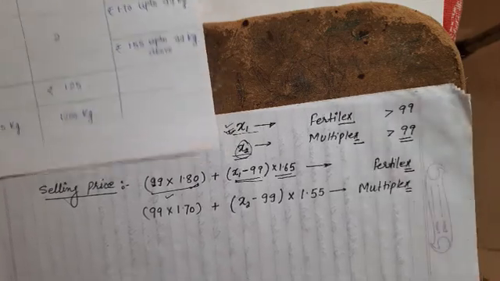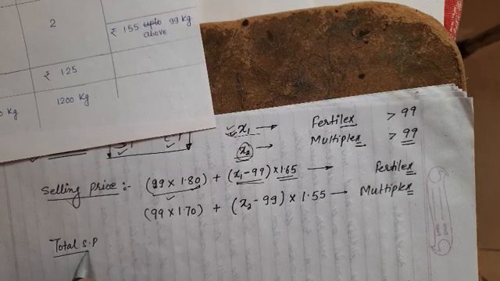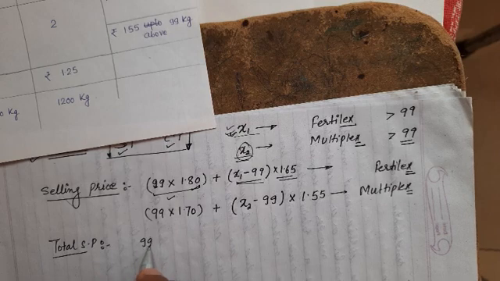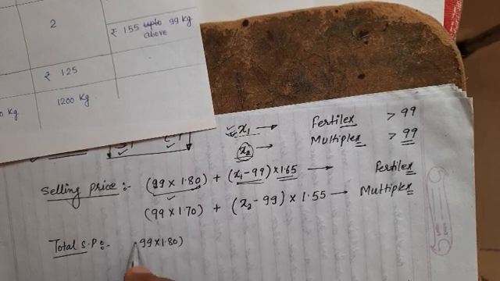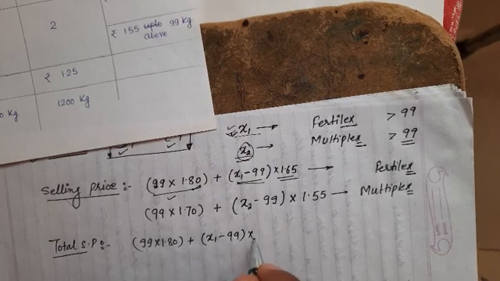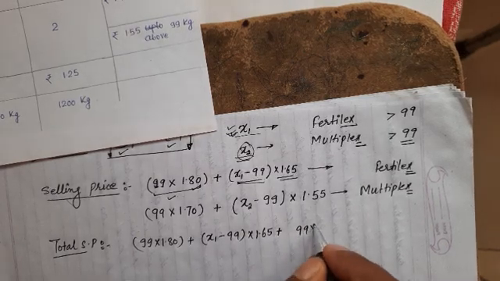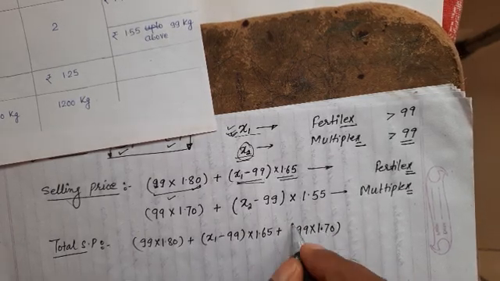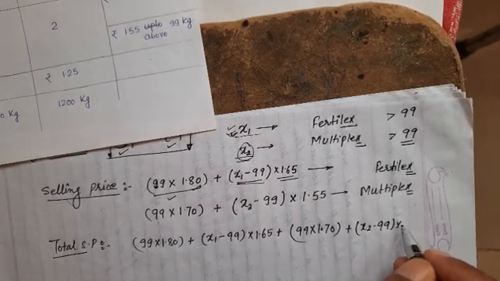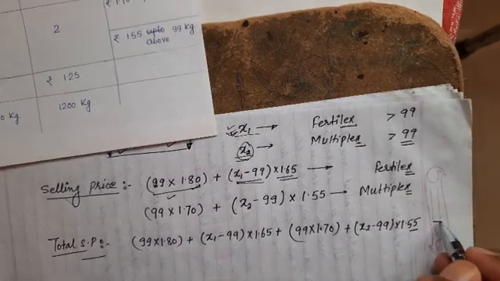The total selling price will be the summation of these two. So I will simply write 99 into 1.80 plus (x1 minus 99) into 1.65 plus 99 into 1.70 plus (x2 minus 99) into 1.55. This is the selling price, so this is equation 1.